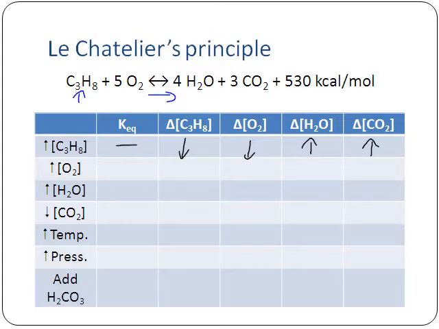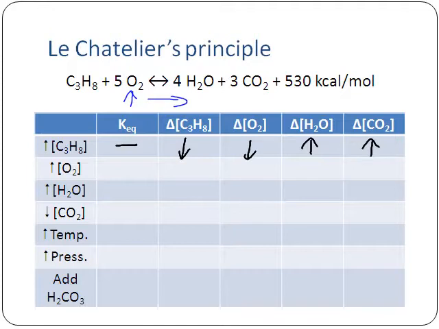All right? Now, let's look at what happens if we see an increase in O2. Let's say we've got an increase in oxygen concentration. If the concentration of O2 goes up, Le Chatelier's principle says the reaction will move in order to make the concentration of O2 go down. That means it's going to proceed away from O2, so it's going to shift to the right.